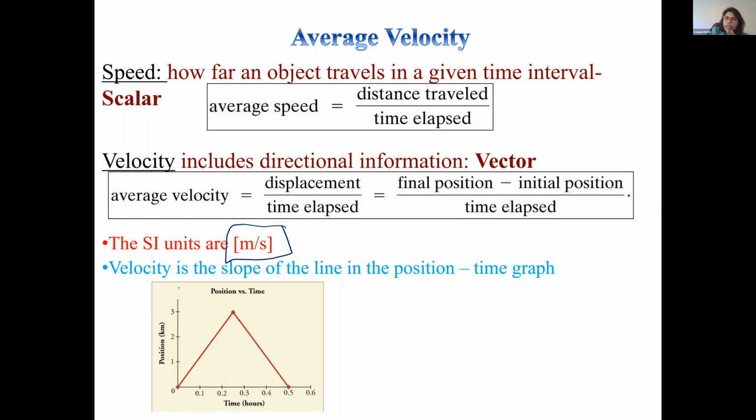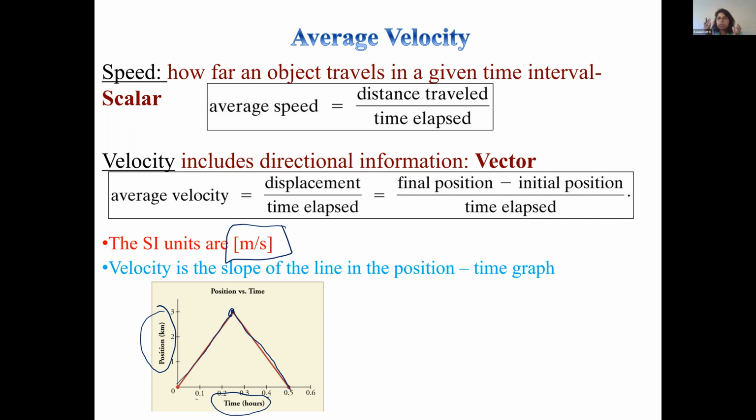First thing you need to understand when you see the graph is what the axes of the graph are. Here you see that you are plotting position as a function of time. That means you travel 3 kilometers, and then you come back 3 kilometers, taking 0.5 hours. That kind of behavior is there, right?